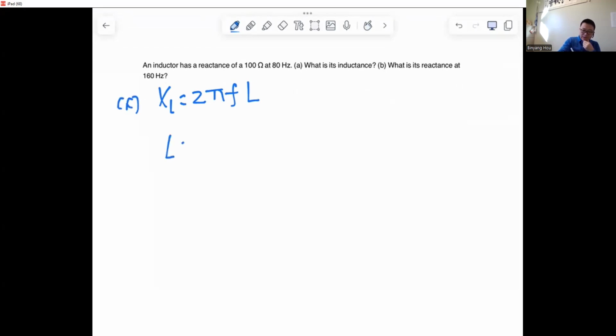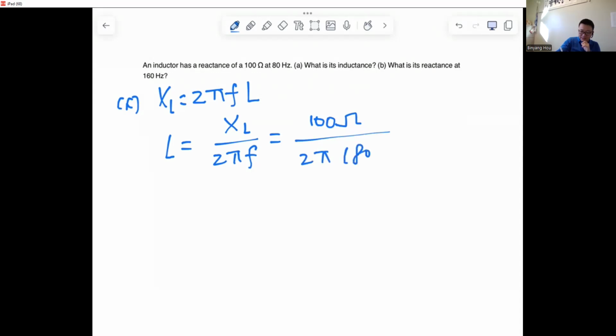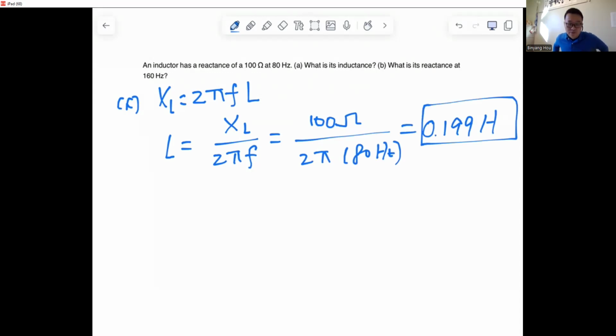So L is XL divided by 2 pi times F. In this case, 100 ohms on top divided by 2 pi times 80 hertz. Then we get 0.199 Henry for the inductance. The inductance should be in Henry, okay? Just use this equation and figure that out, straightforward. All right, so that's part A.